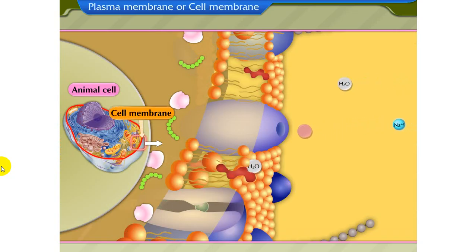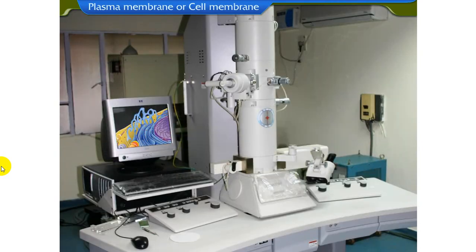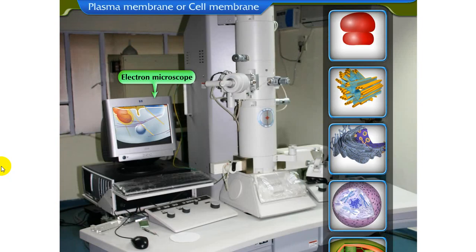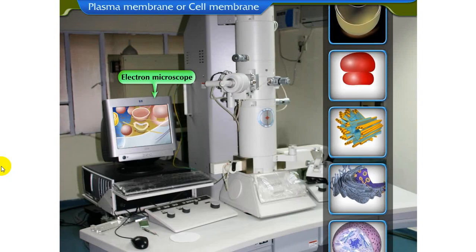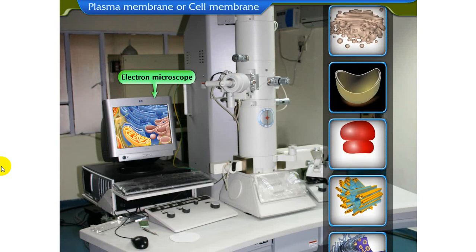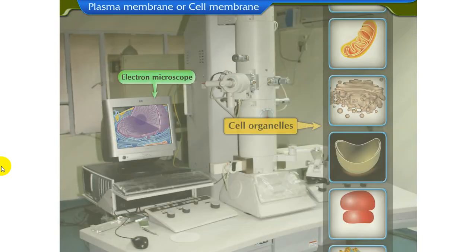The structure of the plasma membrane can be observed only under an electron microscope. With the invention of electron microscopy, it has become possible to examine and study precisely the complex ultrastructure of the cell and its very minute organelles in recent years.